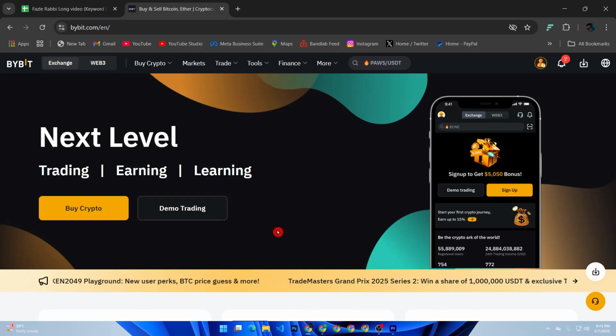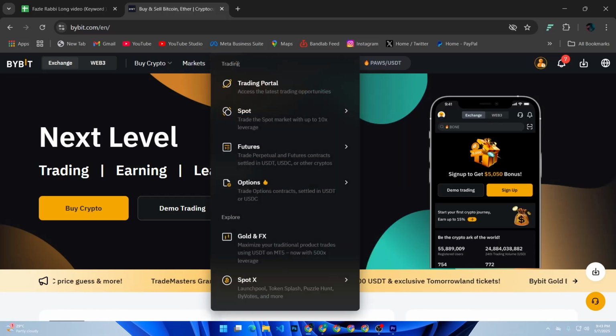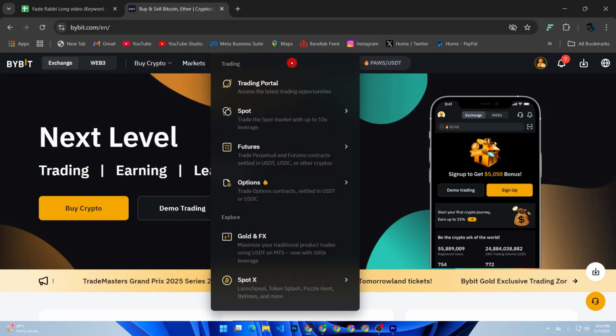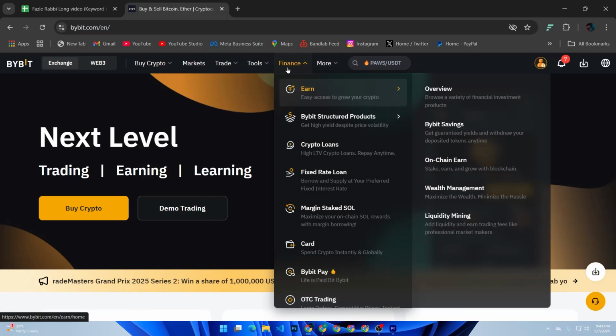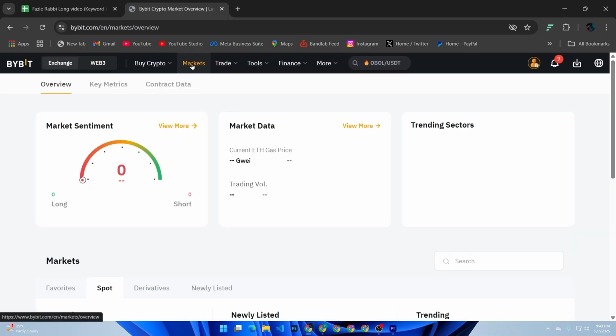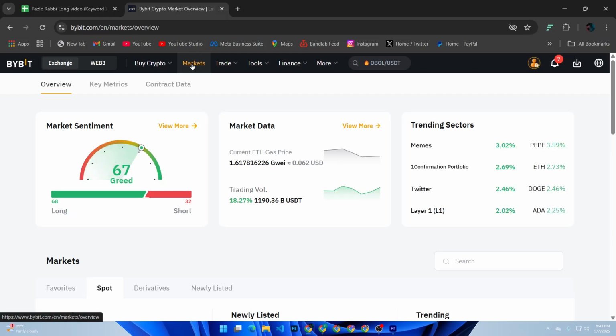Here's a quick breakdown of the trading screen. Order book shows buy and sell orders, charts powered by TradingView.